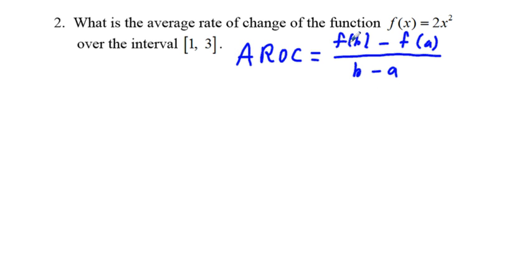So it's the same as y2 minus y1 over x2 minus x1. And we're going to label our values on the interval. 1 is a and 3 is b.